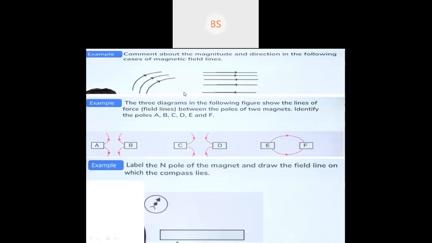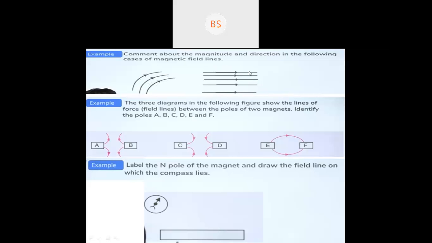That means in the first image, the magnitude of the magnetic field is constant, and the direction is also constant. Whereas in the second scenario, magnetic field lines are also available.